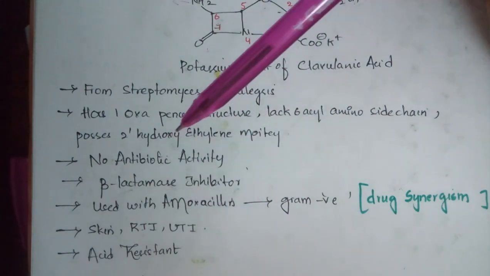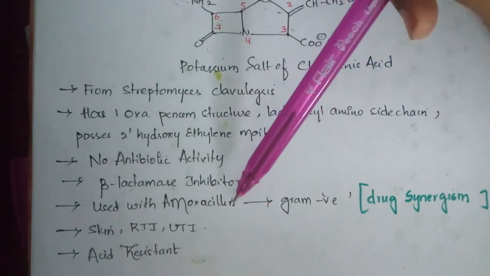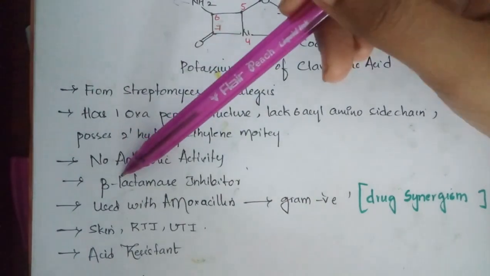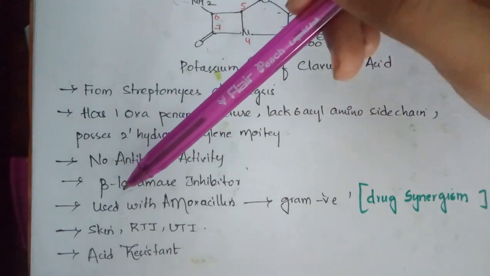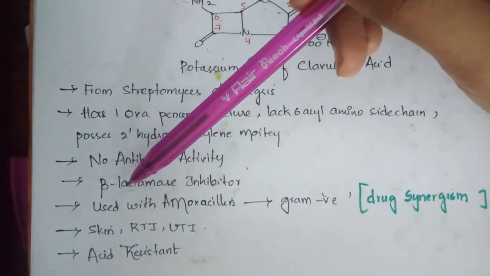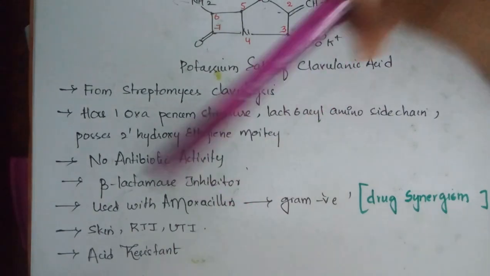So what they do is, clavulanic acid is mixed with another antibiotic which is inactive towards gram-negative bacteria. Why is it inactive? Because the beta-lactamase enzyme will cleave the lactam ring of that antibiotic. So they take that antibiotic in a mixture with clavulanic acid. This clavulanic acid will first go and inhibit the beta-lactamase. Later this amoxicillin will enter the bacteria.